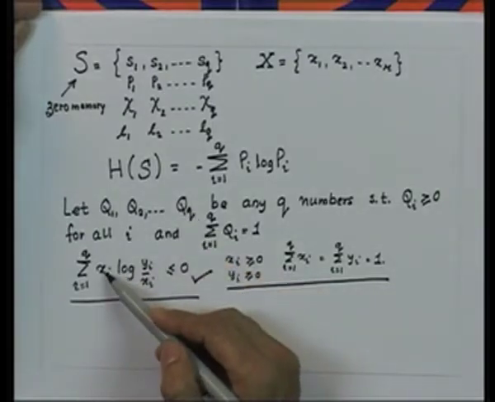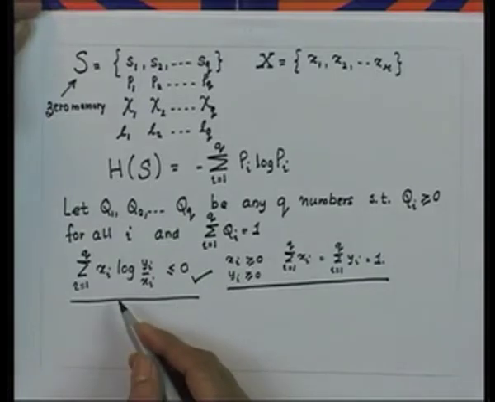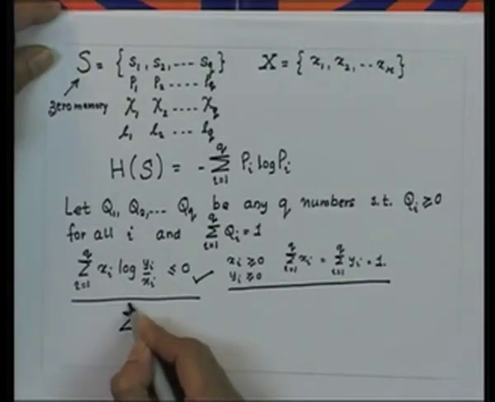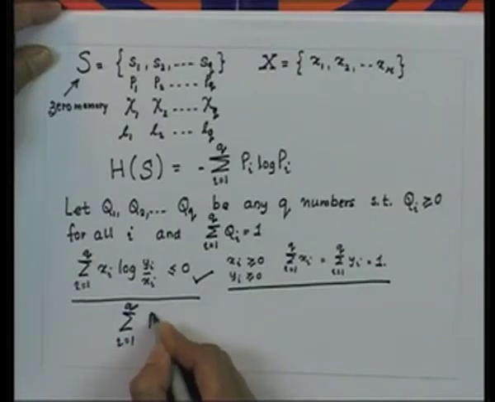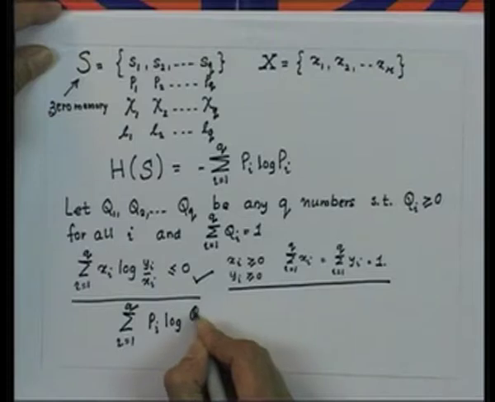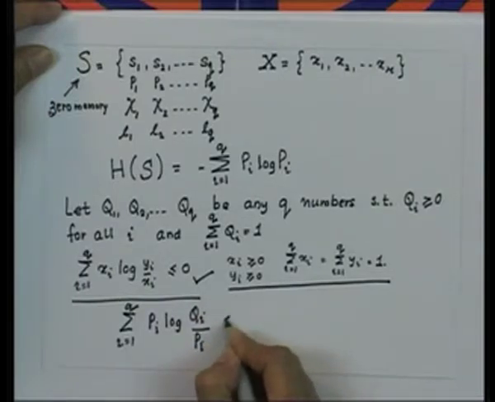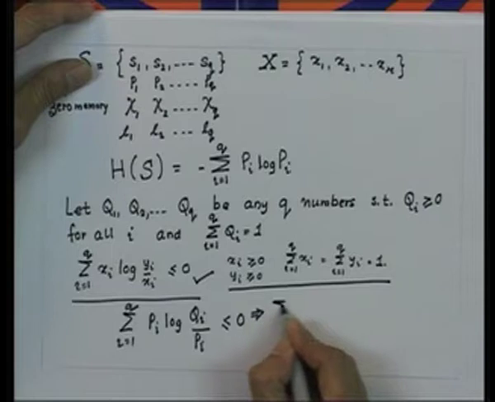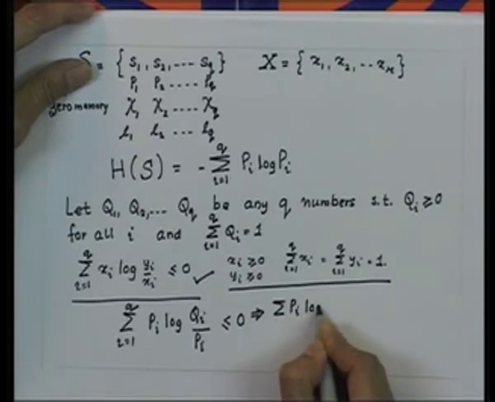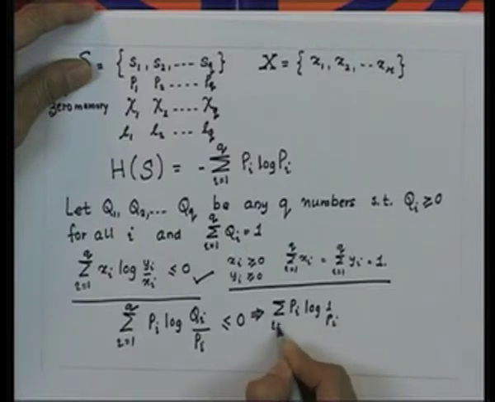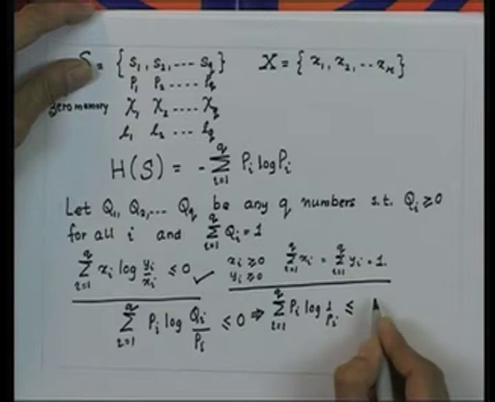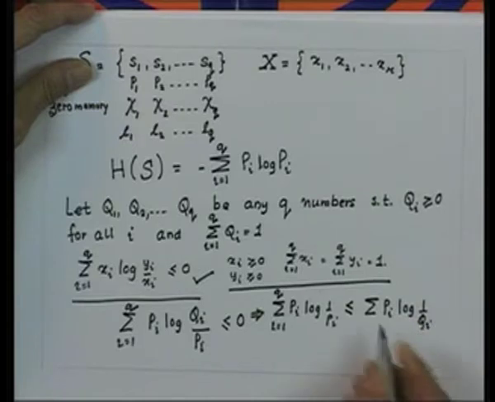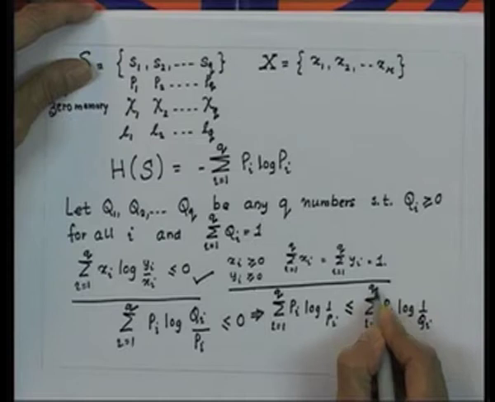Considering Pi and Qi in place of xi and yi respectively, we can write the summation of Pi log of Qi by Pi is less than or equal to 0, which implies that the summation of Pi log 1 by Pi, i equal to 1 to q, is less than or equal to the summation of Pi log of 1 by Qi, i equal to 1 to q.